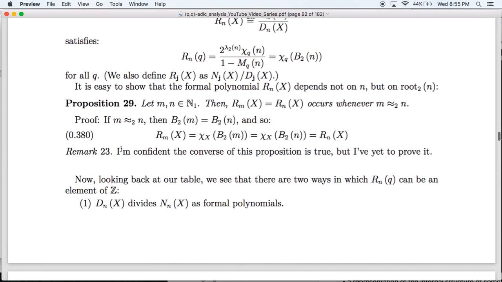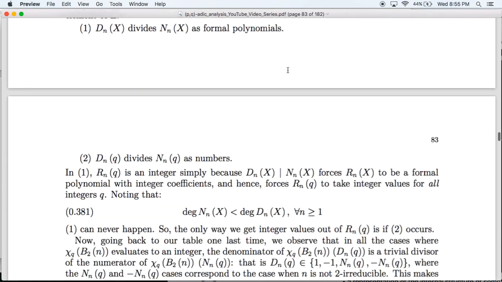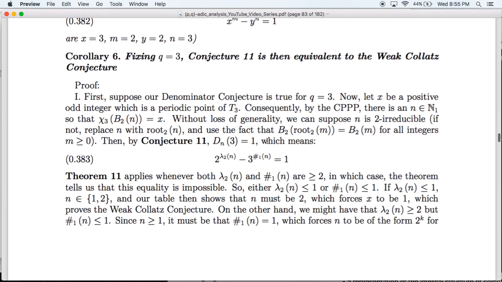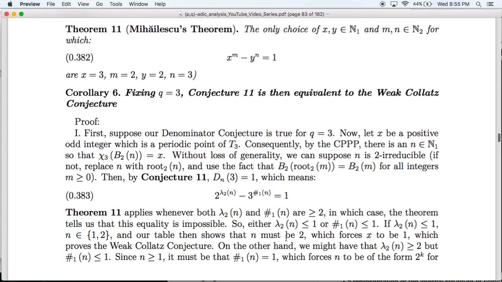So dn of 3 is going to be 2 to the lambda 2 of n minus 3 to the number of 1s of n. And this being equal to 1, or technically I should also say negative 1. So in this case, for both this and for the negative case, if lambda 2 of n and the number of 1s of n are greater than or equal to 1, we can apply Mihailescu's theorem to conclude that this equality is impossible.